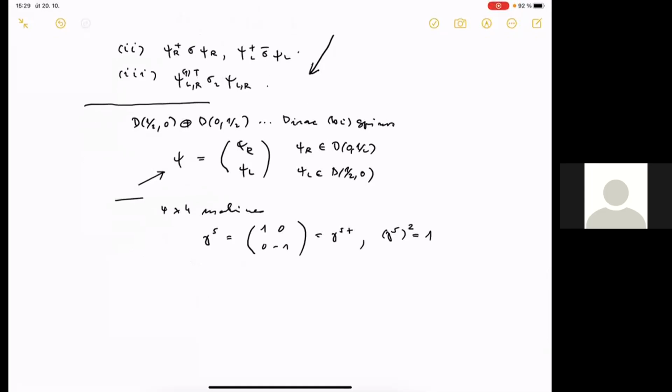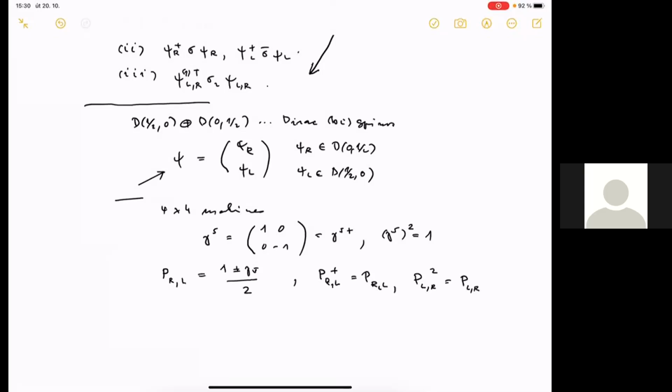And from this gamma 5, we can form the right or left projector, simply taking (1 plus or minus gamma 5) over 2. And these objects are really projectors. That means they are Hermitian, and the square of such a projector reproduces it.